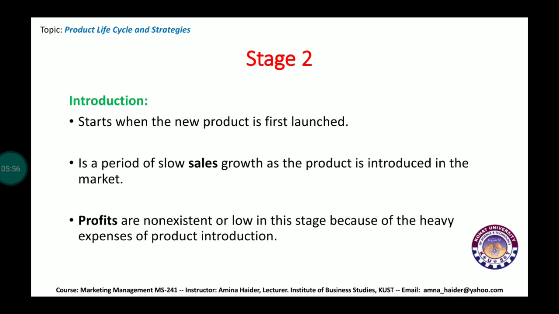So the introduction stage is when the product is first launched. This is when a marketing team begins building product awareness and reaching out to potential customers. Typically, when a product is introduced, sales are low and demand builds slowly.